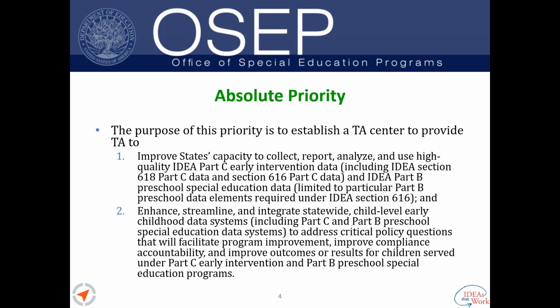The purpose of this priority is to establish a TA center to provide TA to 1, improve states' capacity to collect, report, analyze, and use high-quality IDEA Part C early intervention data, including IDEA Section 618 Part C data and Section 616 Part C data, and IDEA Part B preschool special education data, which is limited to particular Part B preschool data elements required under IDEA Section 616.